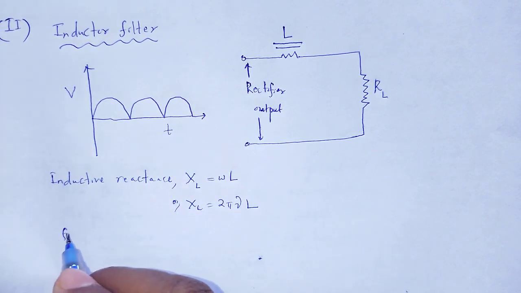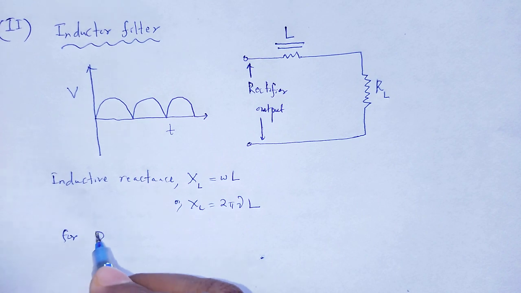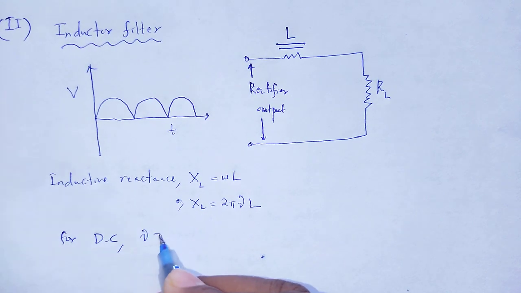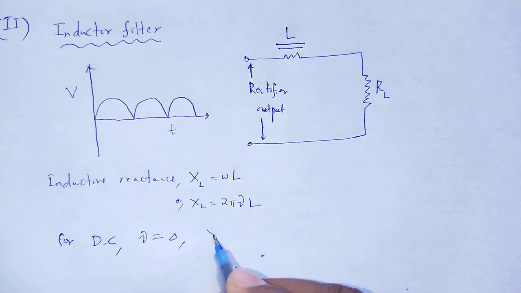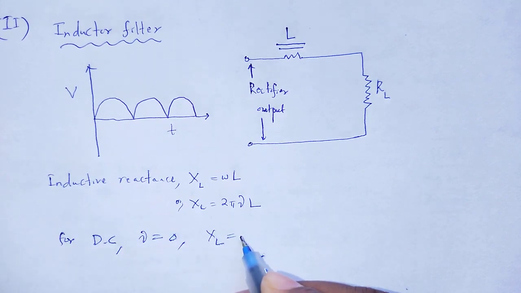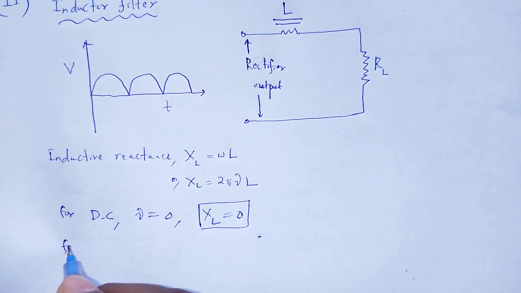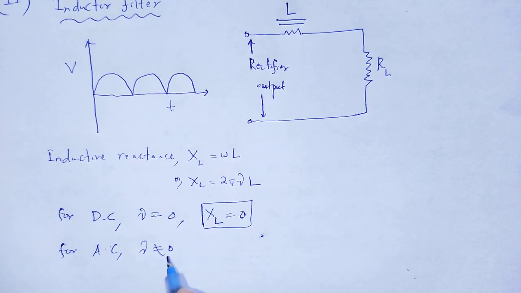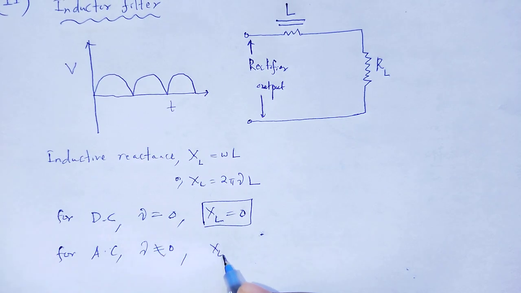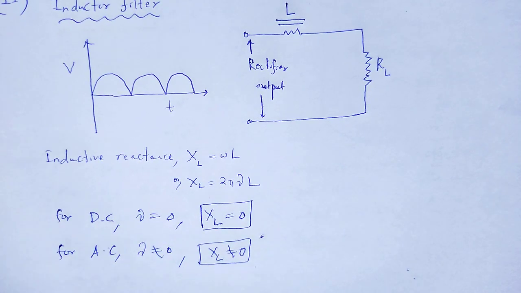For DC, frequency is 0, therefore XL is equal to 0. Again for AC, frequency is not equal to 0, therefore XL has some finite value not equal to 0.